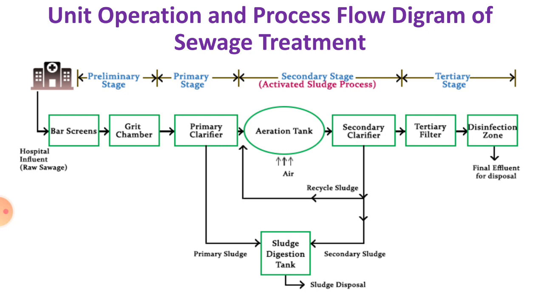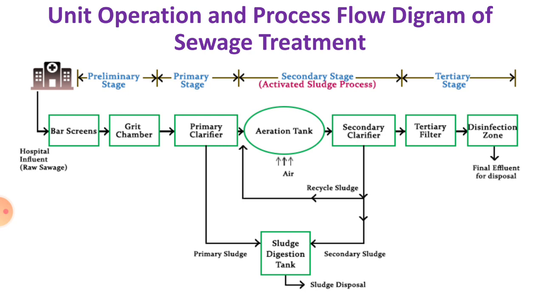Then if the sludge is not recycled, it goes to the sludge digestion tank, where the sludge is digested by various methods, and the dried or dewatered sludge is disposed of in a safe manner.